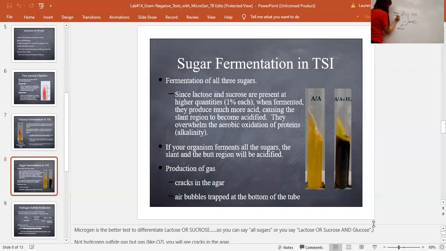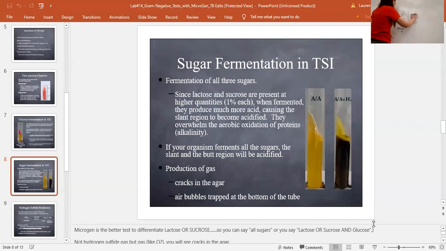So now that we know this information, what if this was red and the top was not, right? That would mean that this bacteria specifically likes to ferment lactose and sucrose. However, it does not ferment glucose.